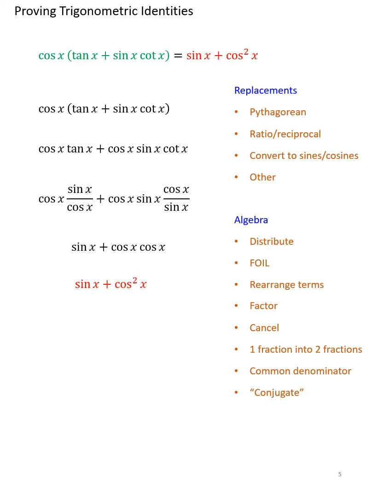You may see it in red here. And that's the process of proving a trigonometric identity. You start with one side, do replacements in algebra in any order you choose until you magically create the other side.